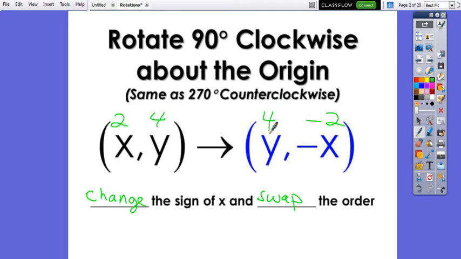Now, the 90-degree clockwise rotation is the same as the 270 counterclockwise. Let me show you 90 degrees clockwise. 90 degrees clockwise is moving, or counterclockwise, I'm sorry, I said that wrong. 90 degrees clockwise, you always start right here. 90 degrees clockwise is this angle right here.